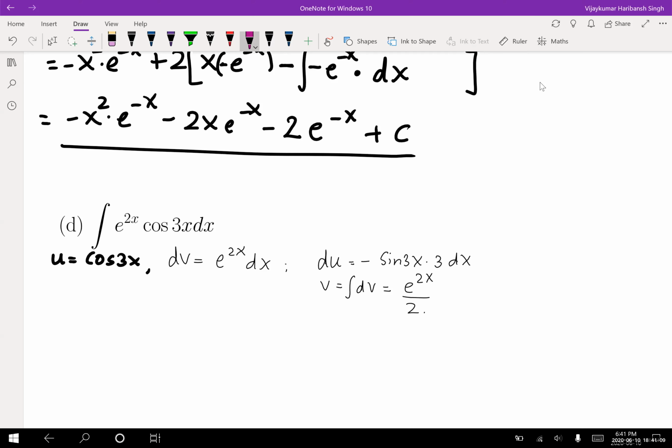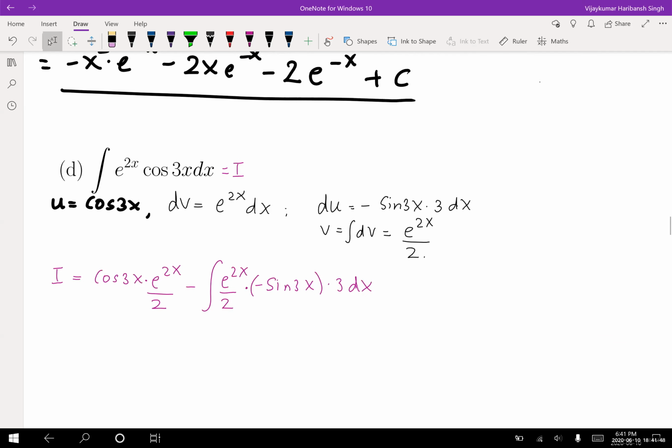So let me call this as integral I. So I is going to be uv minus the integral of v du. So it's going to be cos of 3x times v, which is e to the power 2x divided by 2, minus integration of v du. So v is e to the power 2x divided by 2 times du, which is going to be minus sine 3x times 3 dx.